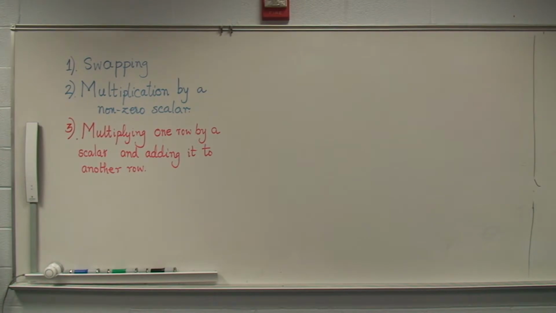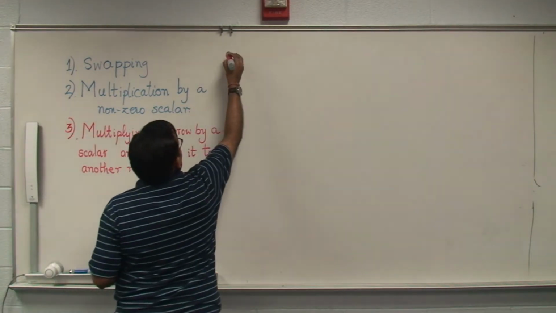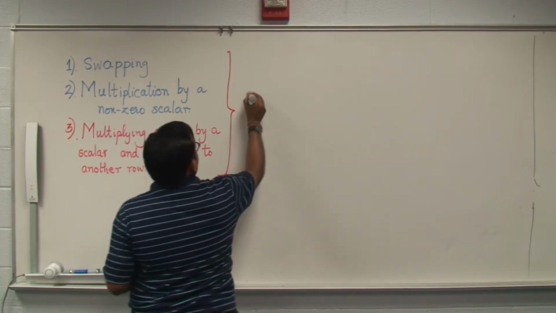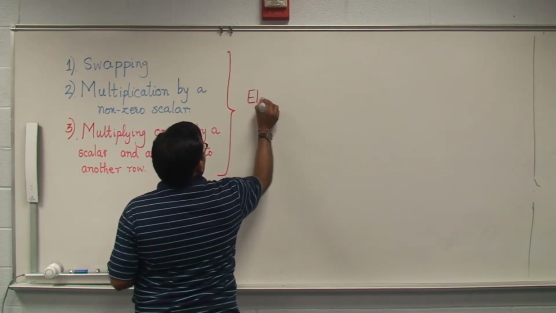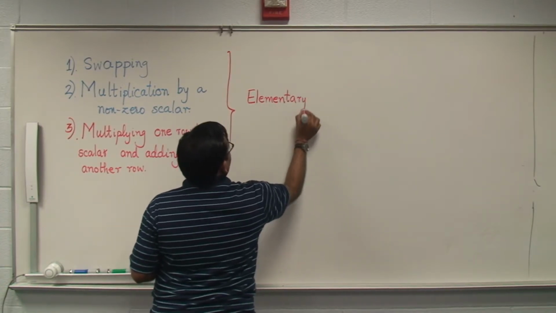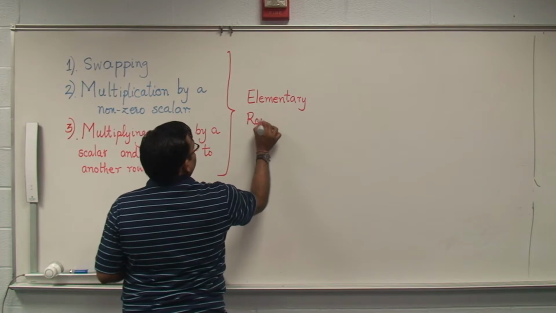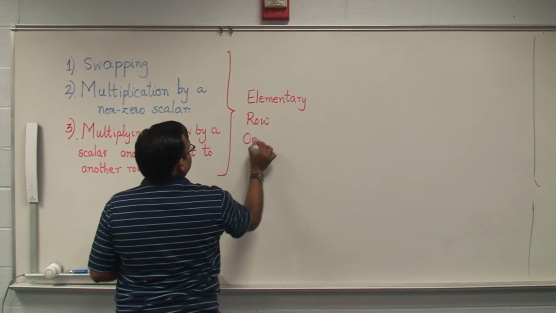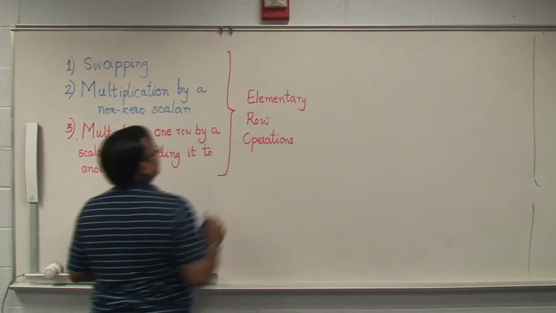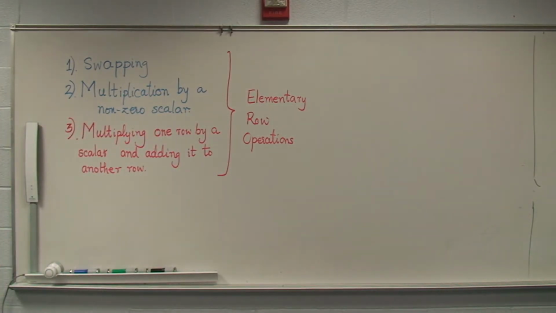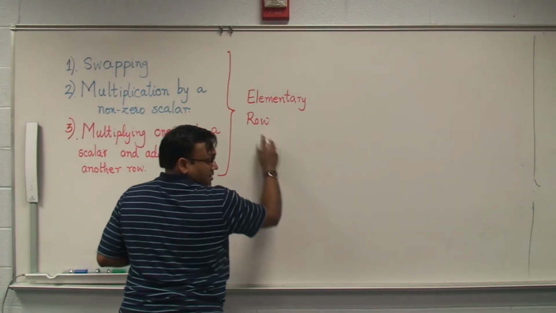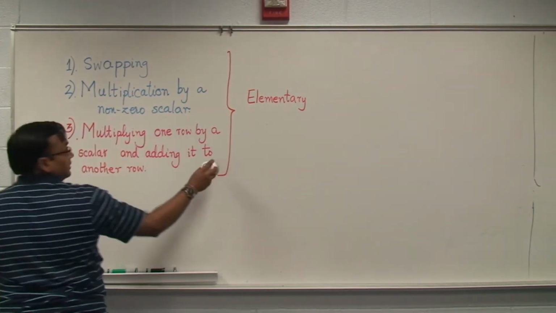And that is why we call these three things elementary row operations. The word elementary may not be of much significance right now, but let's keep it so that later on when we use the term elementary row operations, you will see the significance of calling it elementary.